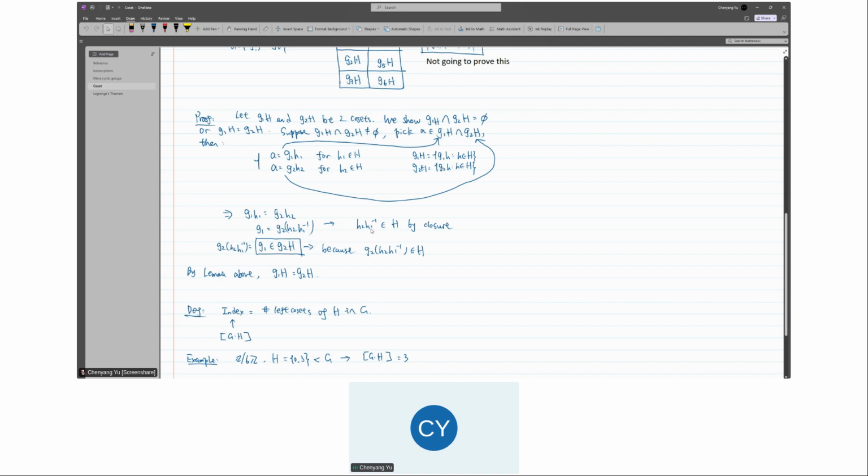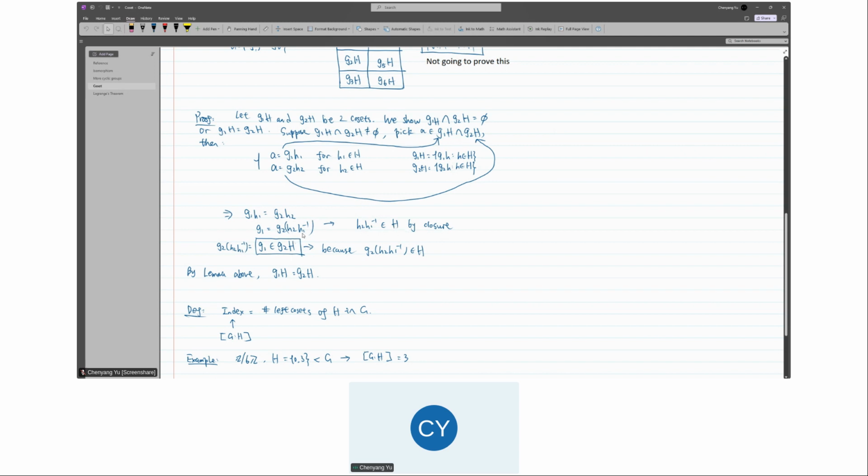Recall that by the definition of a group, the inverse is in the group. That's the definition, okay? The inverse is in the group. H2 is in the group by definition also. So we multiply them. They should be in the group by closure.